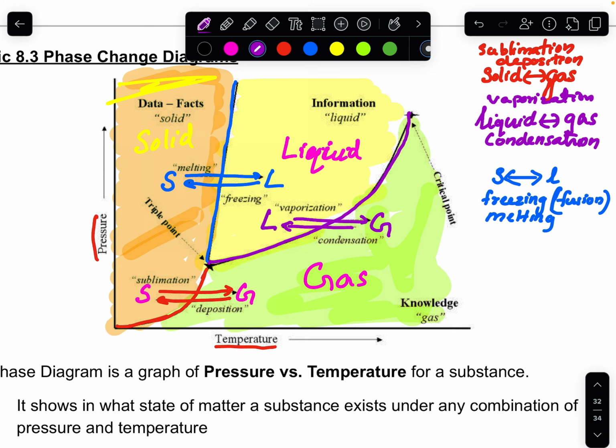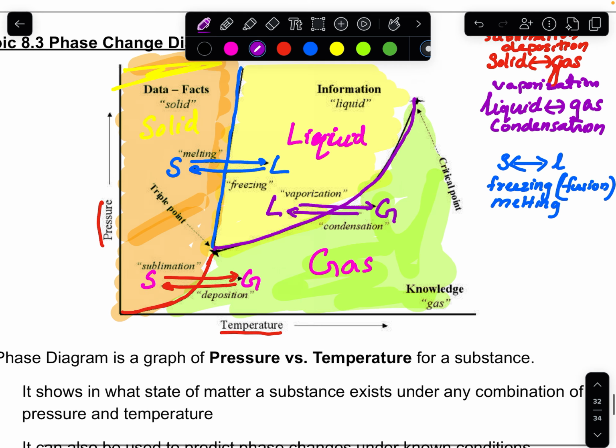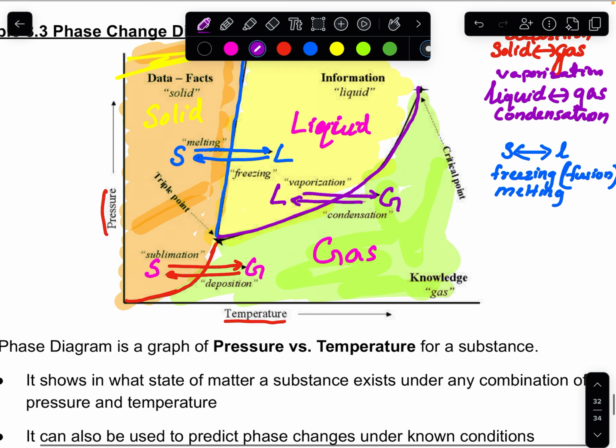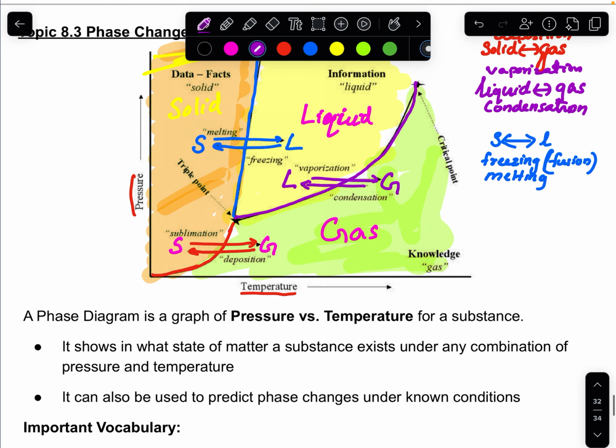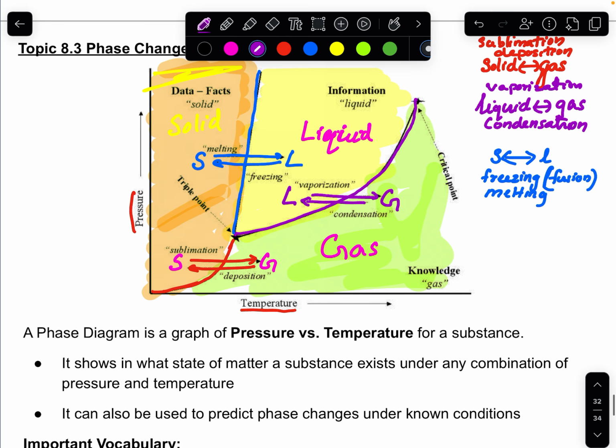These changes you can do by changing two variables, either temperature or pressure, or by doing both. So we are going to see how you can convert a solid into gas, or a solid into liquid, or liquid into gas, or the opposite, by changing pressure and temperature.